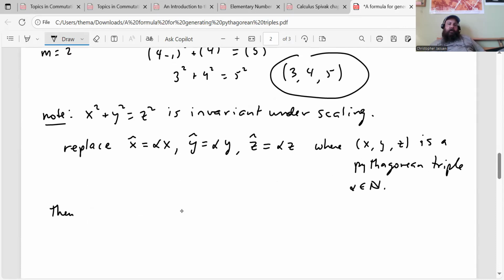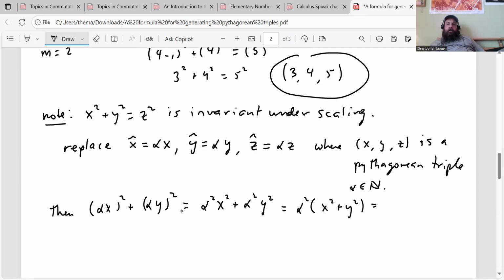Okay, then if we look at (alpha x) squared plus (alpha y) squared, this is equal to alpha squared x squared plus alpha squared y squared, which is alpha squared times (x squared plus y squared), which is alpha squared times z squared, because x, y, z is a Pythagorean triple, right? And notice that alpha is not 0, so you can divide out by the alpha squared, and this equation is obviously satisfied.